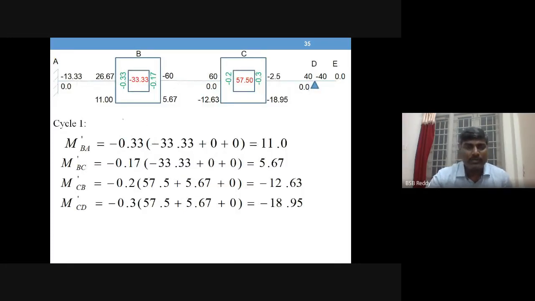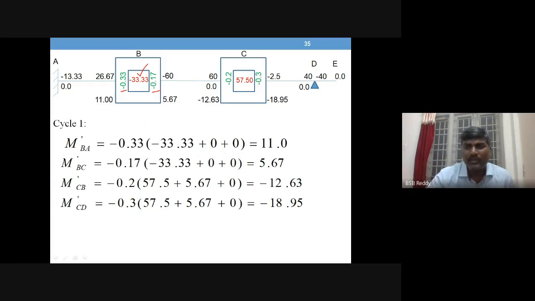Then we prepare the beam for the rotation contribution calculation. So how do you prepare it? By drawing the beam and replacing the joints with boxes, so as to accommodate the rotation factor values as well as the sum of fixed end moments at that joint.